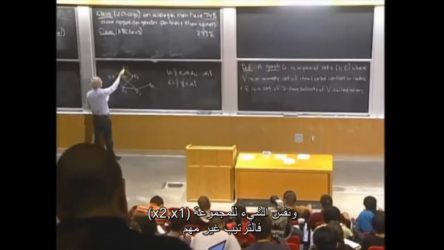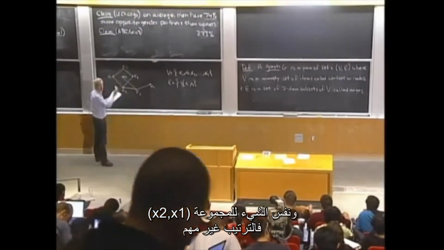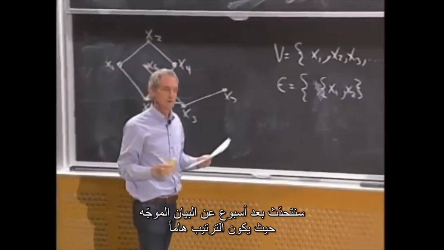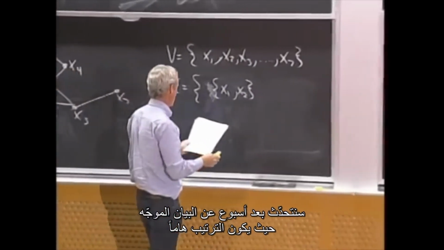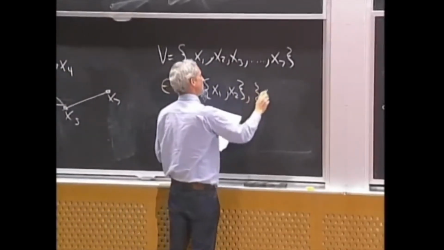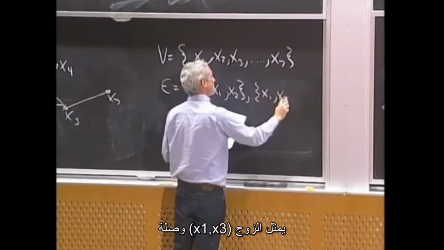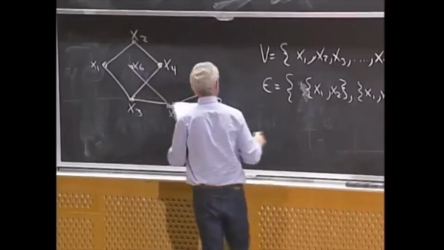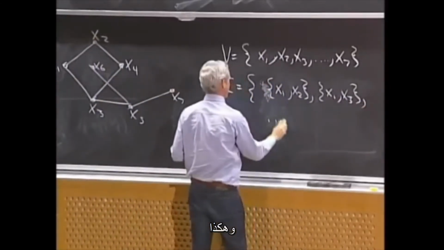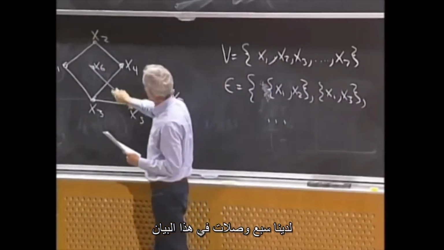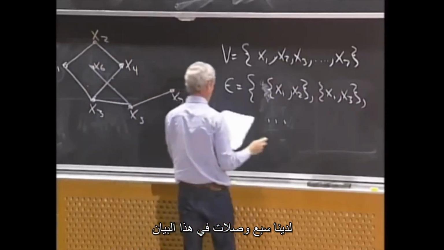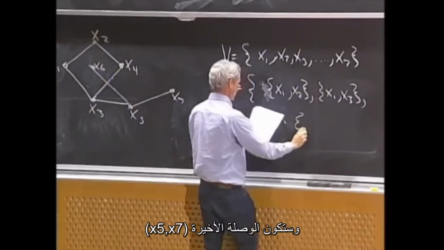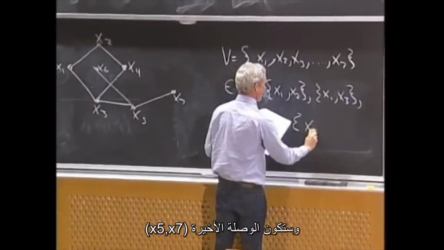And it's the same as the set x2, x1. Doesn't matter the order here. Later in a week or so, we'll talk about directed graphs where the order matters. x1, x3 is also an edge here. And so on. I think we've got, let's see, 1, 2, 3, 4, 5, 6, 7 edges in this graph. And the last one would be x5, x7.